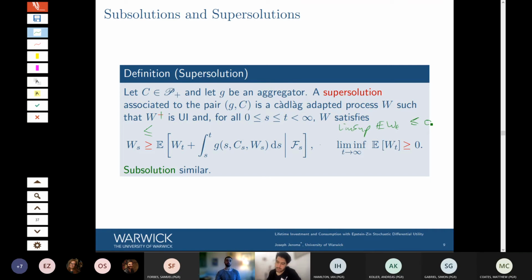So you've got this sort of symmetry going on. And this is probably pretty familiar with anyone who has knowledge of BSDEs. And what you tend to do is you just tend to show that a supersolution is going to be greater than or equal to a subsolution, and that's exactly what we're going to do now.